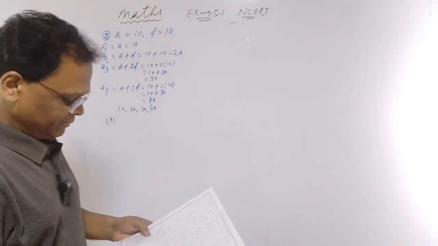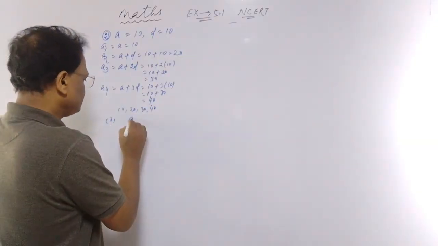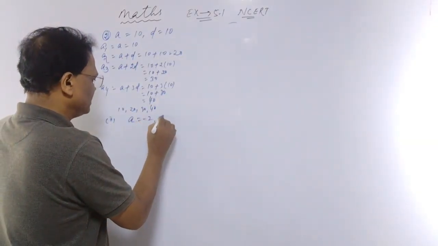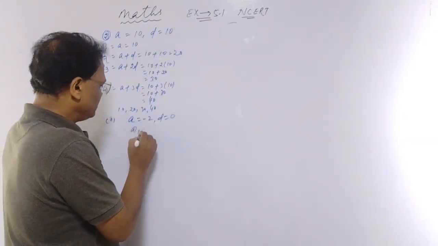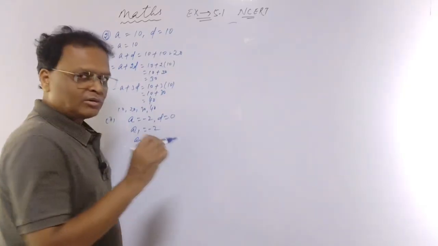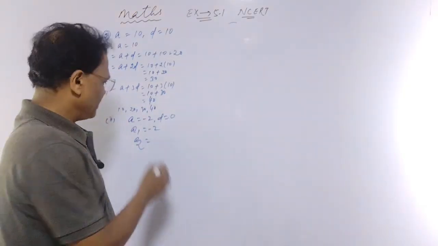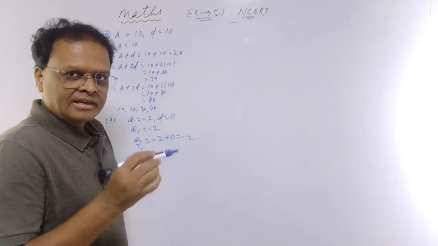Now the second one. He has given A is equals to minus 2 and D is 0. Let me find as it is. A1, which is minus 2 only. A2, as I told you, how to find? A1 plus D. A1 is minus 2 and D is 0. This gives minus 2 only.